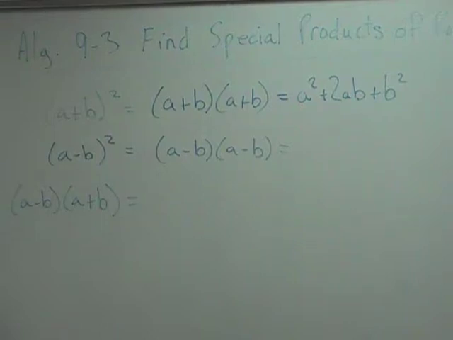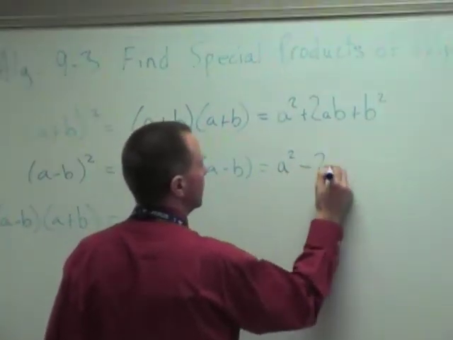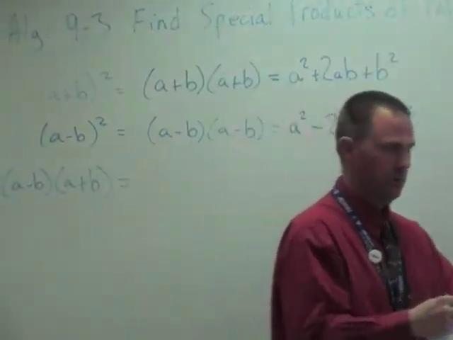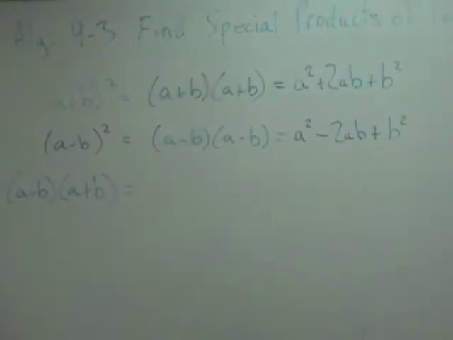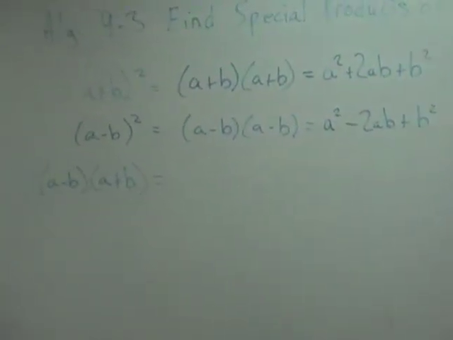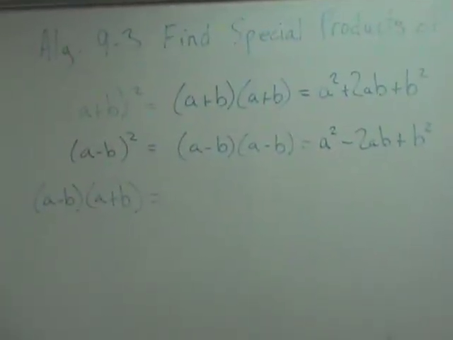All right, second one. Notice the difference between the two. Do the third one. The third one is the easiest formula in the whole book.